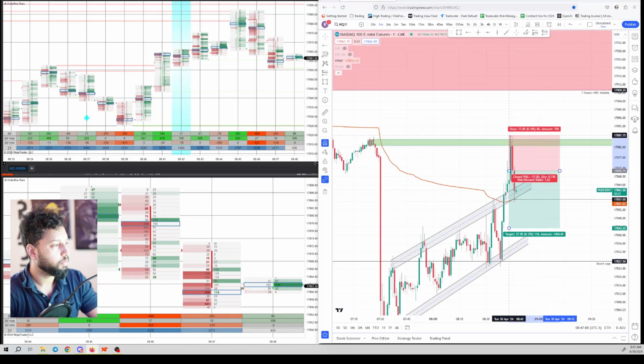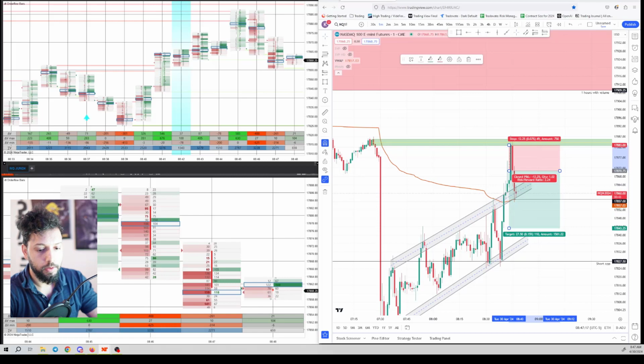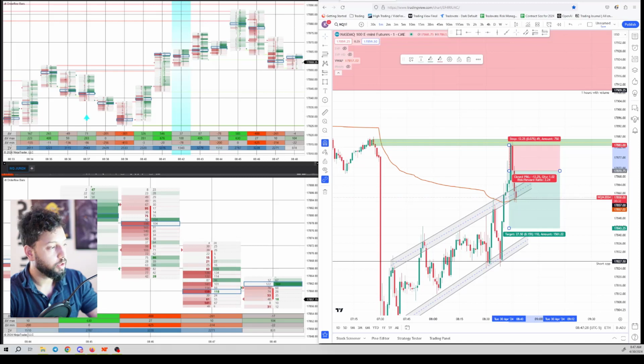As you know, I'll move our stop loss a little bit, but not by much. It already crossed our first TP, and we are waiting for our second TP.